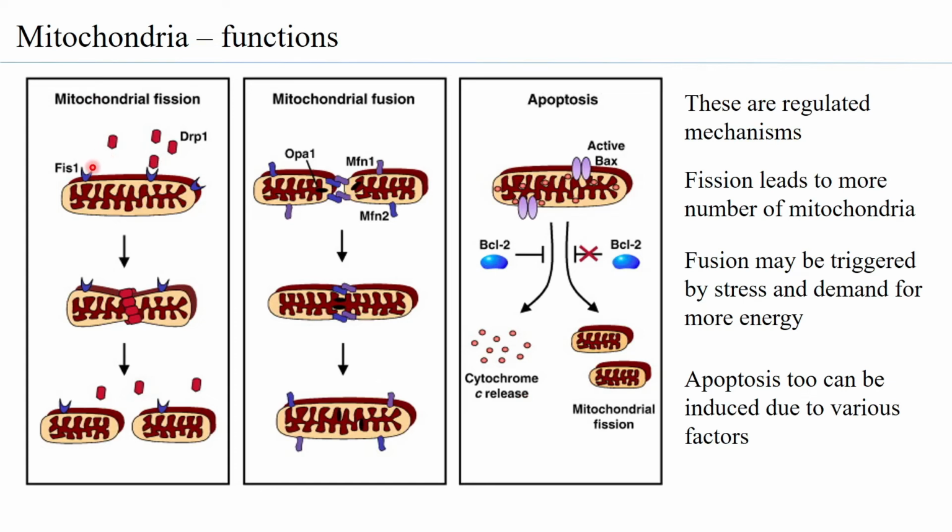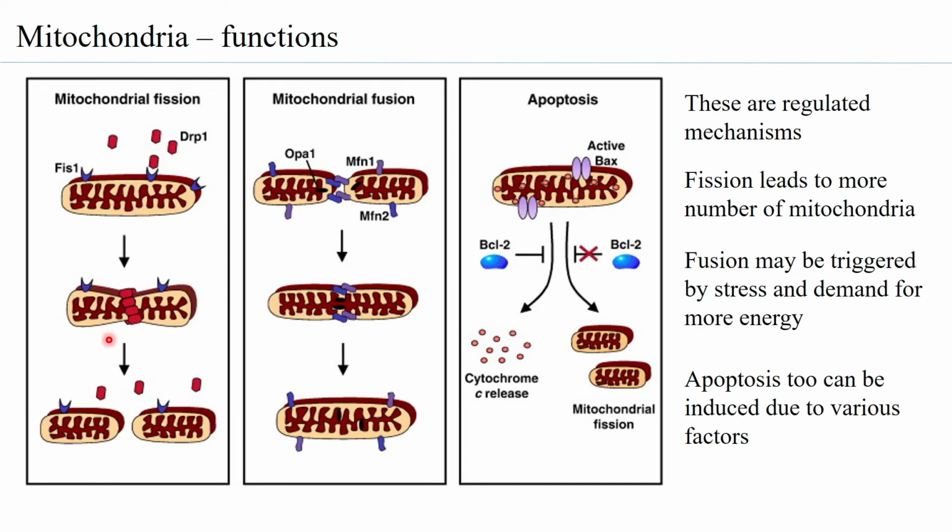There are very special functions that are associated with mitochondria. Mitochondria can enable a process which is called mitochondrial fission. We all know that bacteria multiply by what is called binary fission. That is, an existing bacterium, by forming a central furrow, will basically form two bacteria. Mitochondria also show the same kind of phenomenon, called mitochondrial fission.